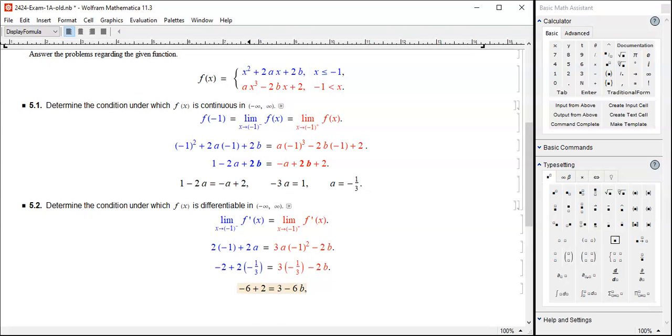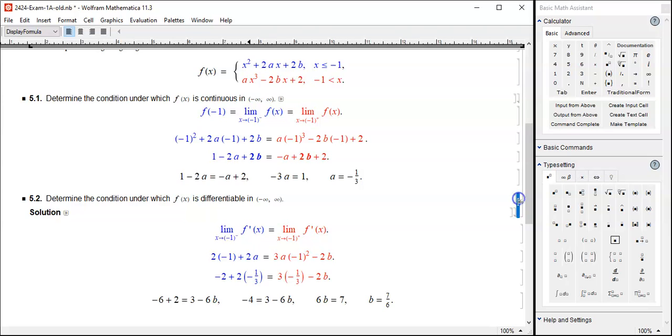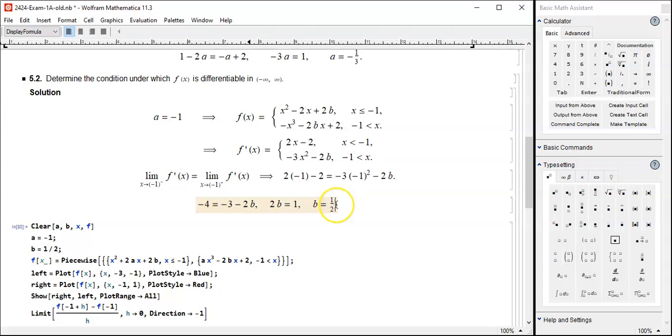I hope my mental math is correct. I don't think I did it right. I cannot trust myself. I'm supposed to get 1/2, not 7/6. So there must have been some algebra mistake somewhere.